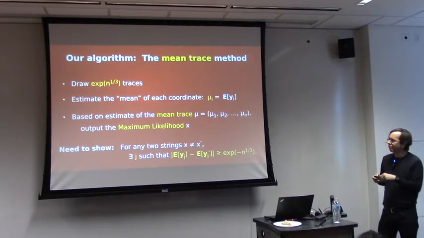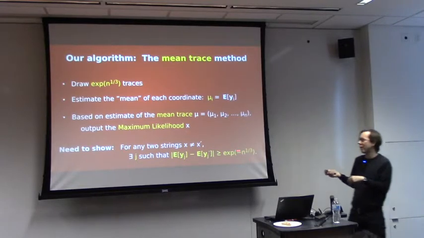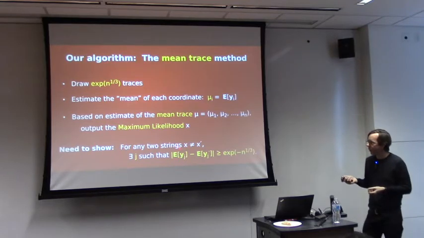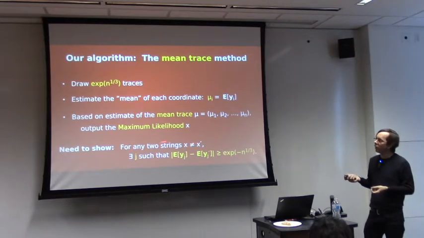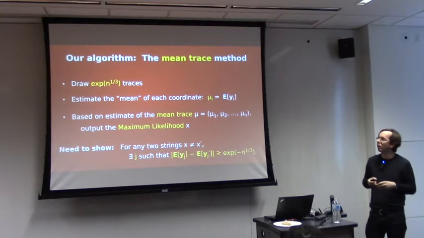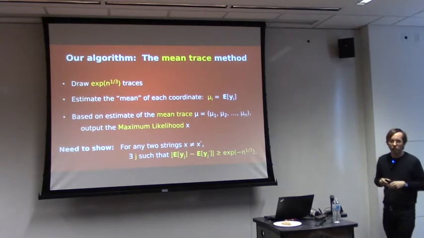And since this is already exponentially small, we don't really care about factors of n or anything. So two vectors are far apart, basically, if and only if there's a coordinate where they're a little bit far, up to a factor of n. So this is what we need to show, and it will suffice to show that this maximum likelihood algorithm works.